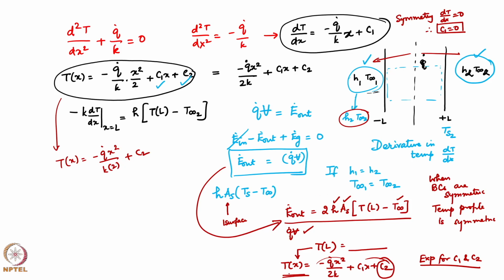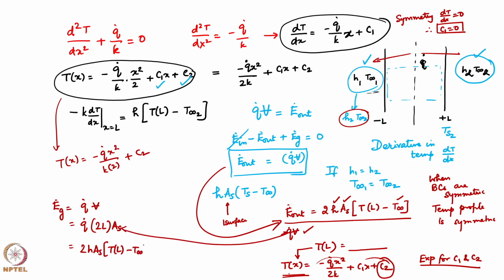Okay. Even when you have a convective boundary condition, you can, without putting in numbers, make this a nasty looking thing by saying Q dot V is Q dot into surface area into 2L, that is the volume. E dot generated is Q dot into V is Q dot into 2L into surface area. So, that is also there, put that in here, which is 2 h A_s into T of L minus T infinity.